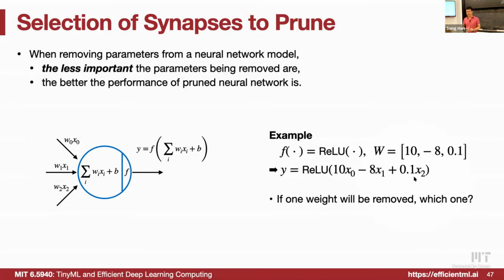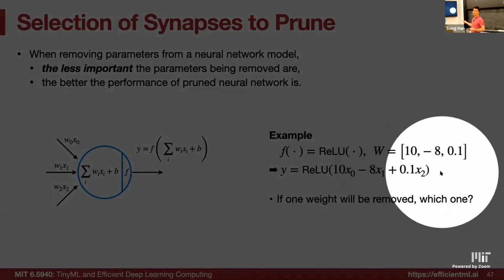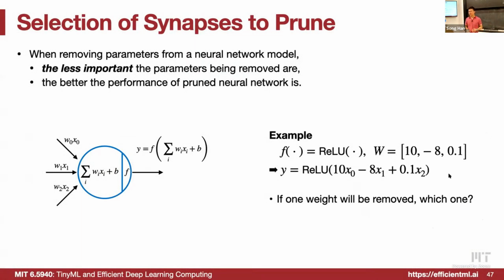I really want to show a very simple example for intuition, to give you some intuition which ones to select to prune. Out of these 3 weights, 10, minus 8, 0.1, if one weight has to be removed, you have the capacity to hold only 2 parameters. Which one should you remove intuitively? 0.1, right? Because it's smallest, likely to have the smallest impact.